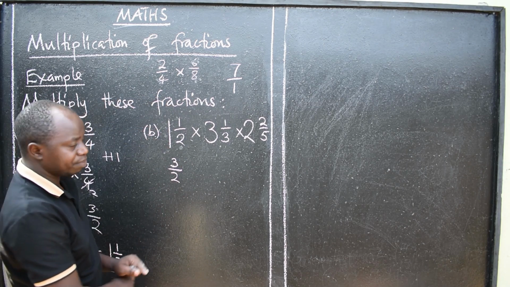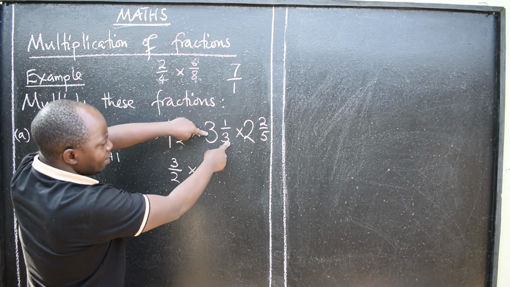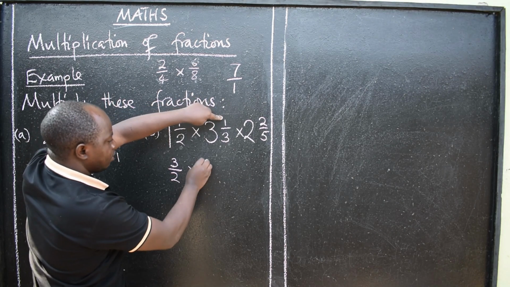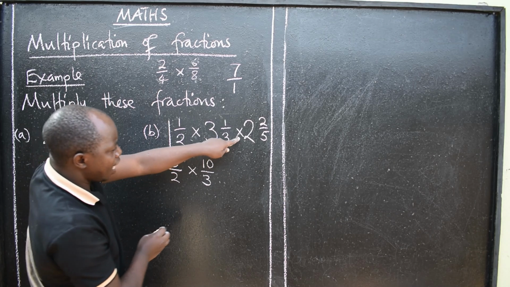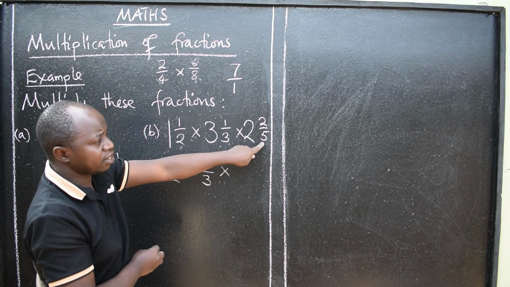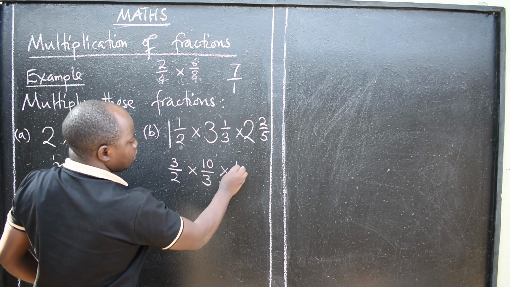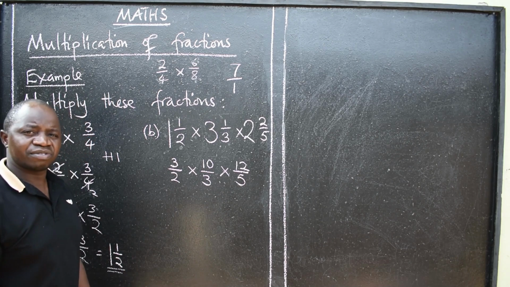You have changed. Times, there's times here. 3 times 3 is 9, plus 1, 10. 10 over 3. You have changed. Times 2 times 5 is 10, plus 2, 12. So you have 12 over 5. Like this, you have changed.